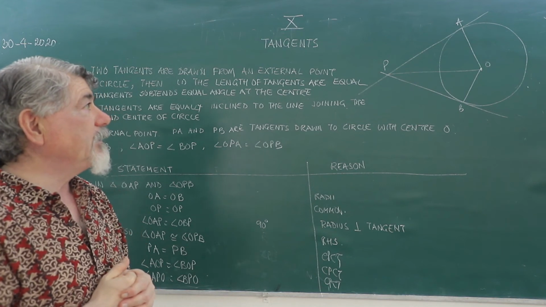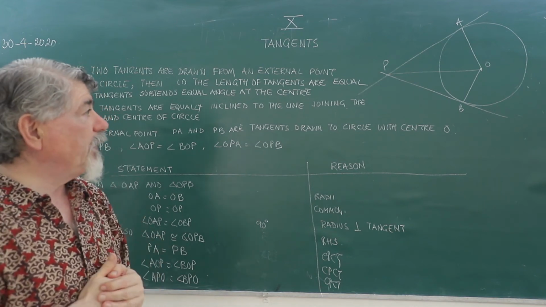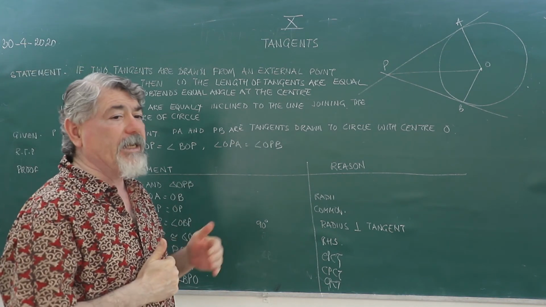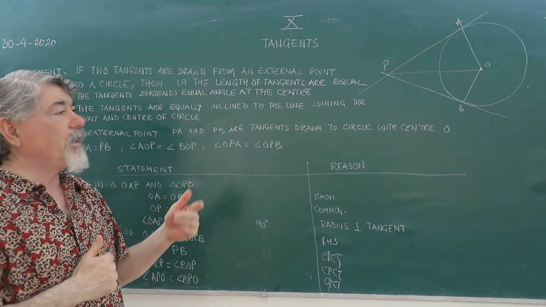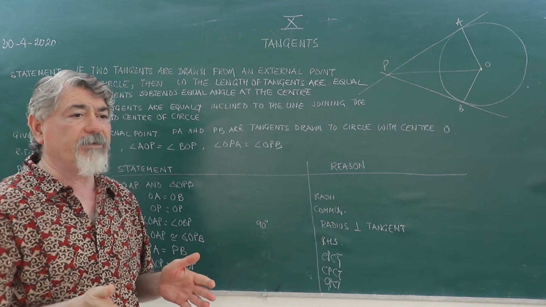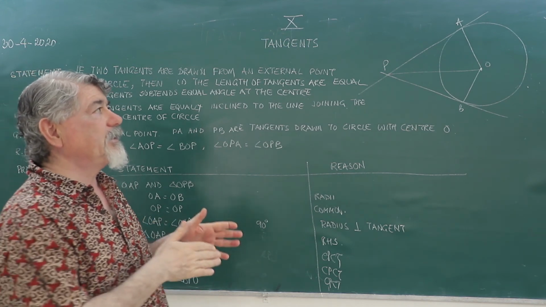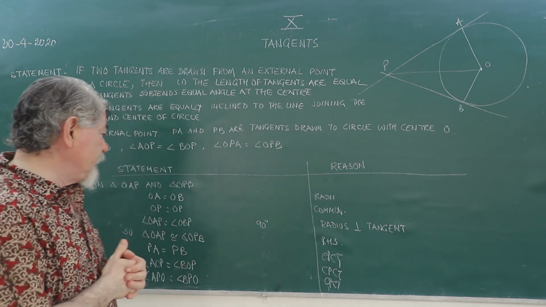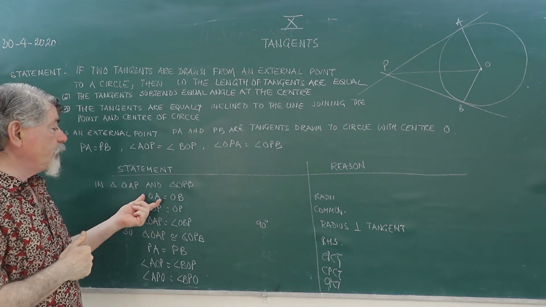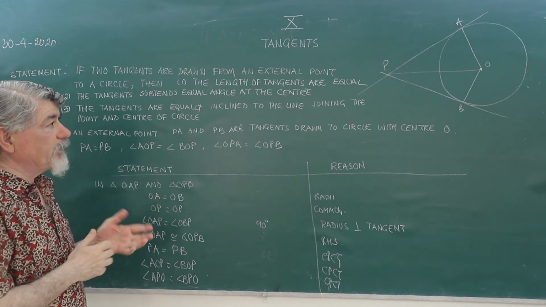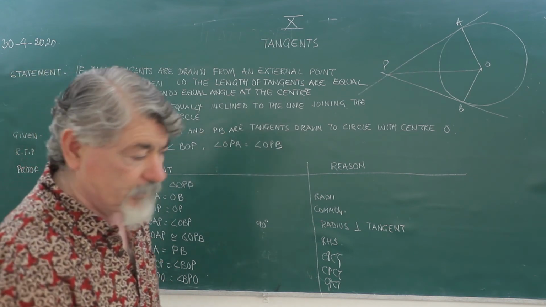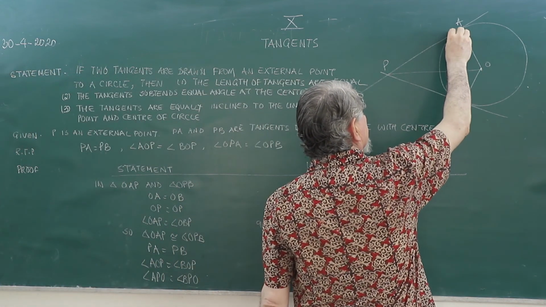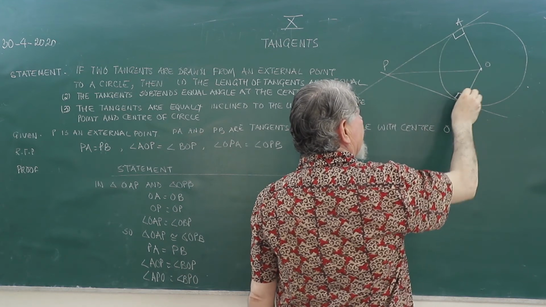And angle PAO or OAP is equal to angle OBP, 90 degrees, because radius and tangent are always perpendicular. We have already proved that radius and tangent are perpendicular to each other. So these are two right angle triangles. This angle is a right angle, this angle is a right angle.